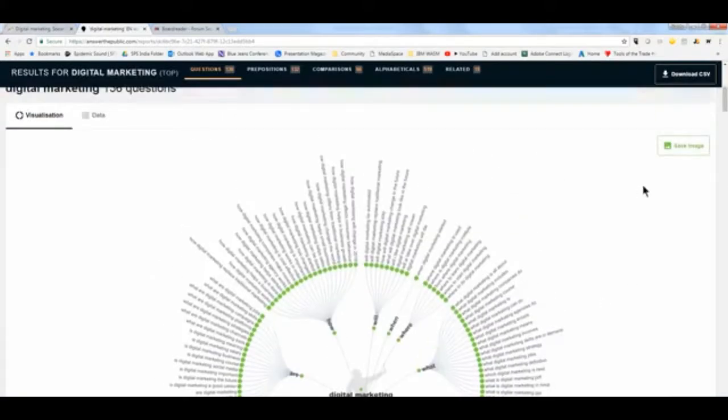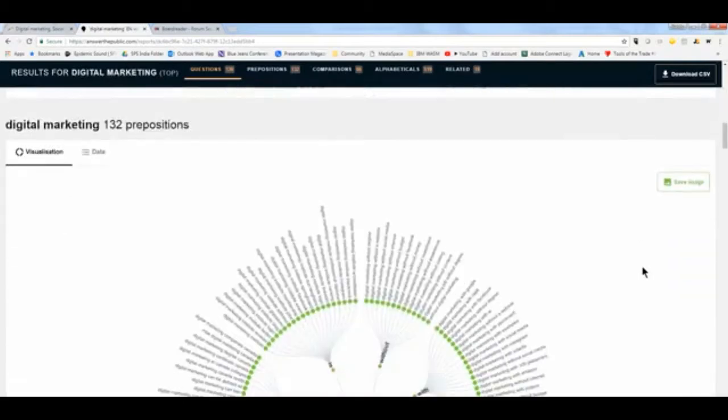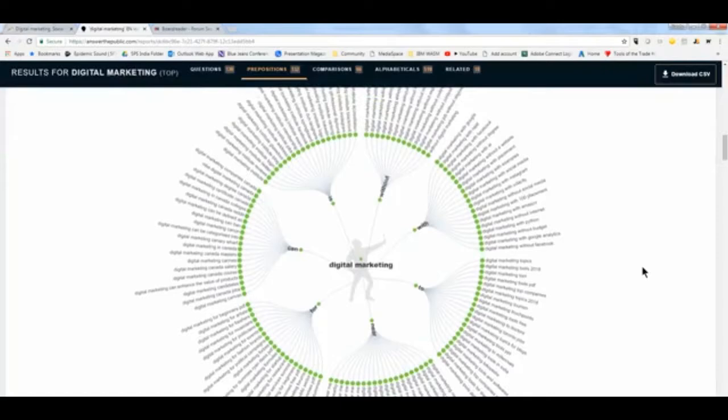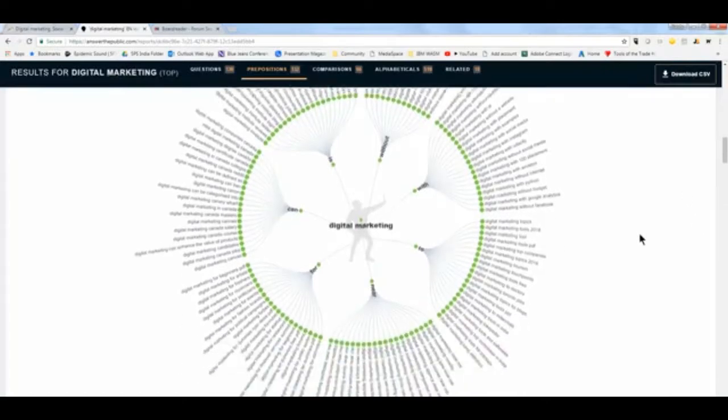And again, you can download these as a CSV file or save the image. You can also see how it is done as a preposition. Digital marketing without a budget is an interesting one. And for all of these, they're live, so you can click through to see them.